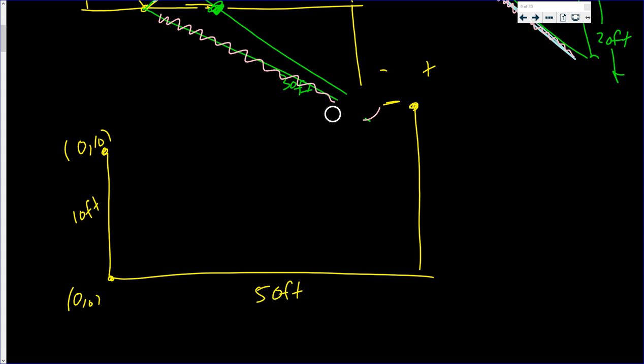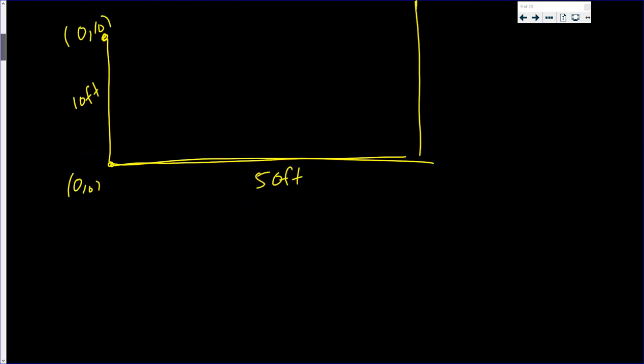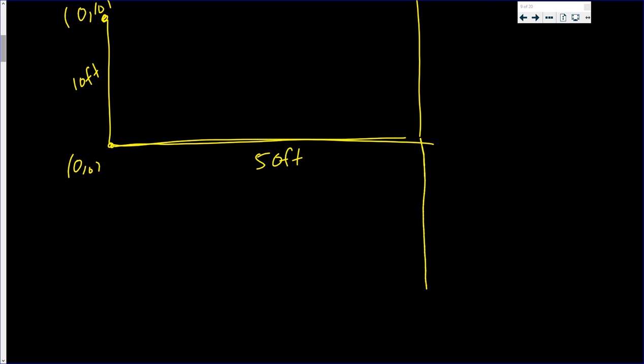You have to know the distance between the two poles. Now, this other pole on the right, it is 20 feet tall. Well, the x value will be 50 because it went over 50. The x value is 50. And the y value is going to be 20. This is (50, 20). But I don't really care about that point. I care about the reflected point. It's going to be (50, -20).